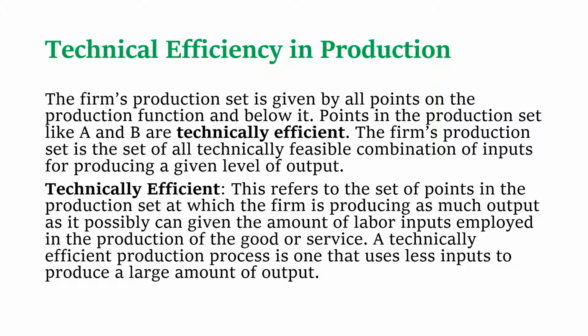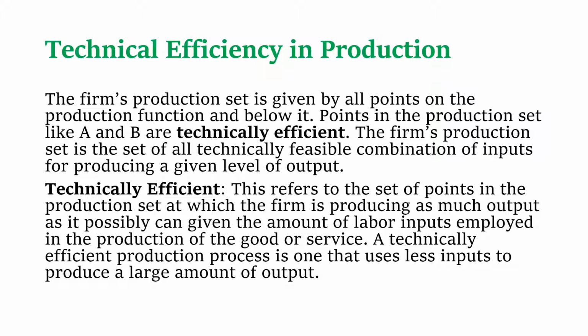So if that is the case, then we say the farm is technically efficient. If we are to produce at points C, D, and E, then we say the farm is technically inefficient because it's producing below its capacity.